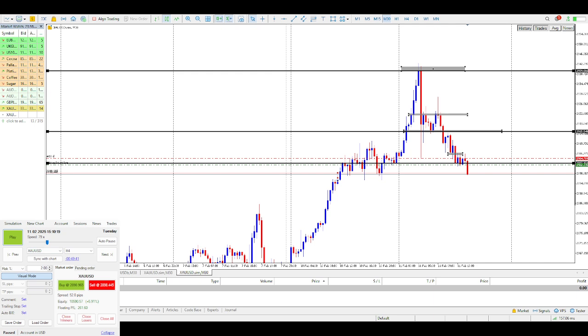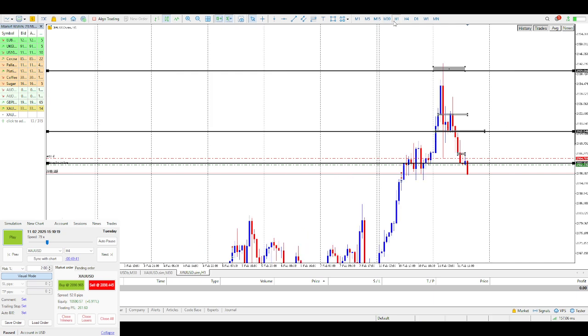Trend continuation. Based on the 1 hour time frame, so I'll close part. I'll close 70% or 80% of the trade and bring the stops to break even.